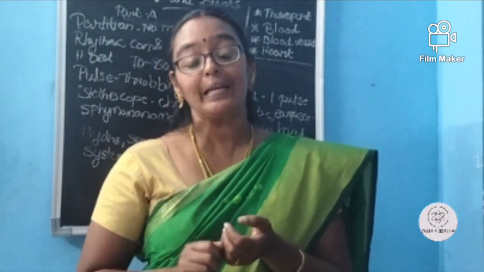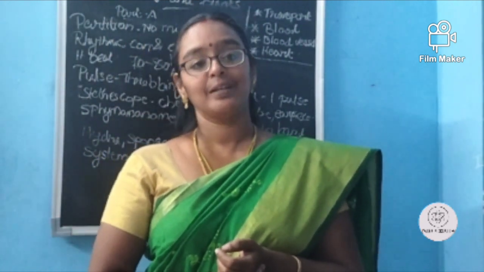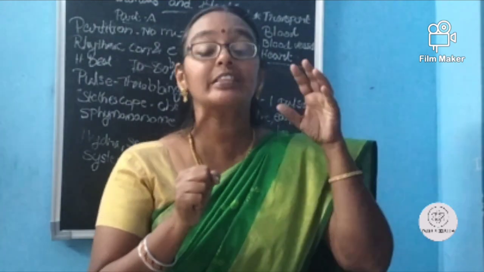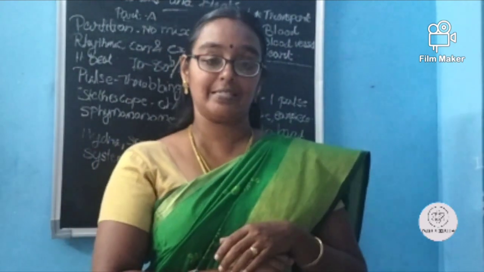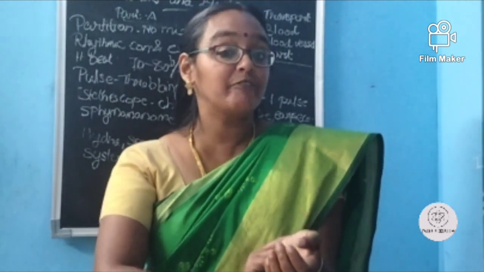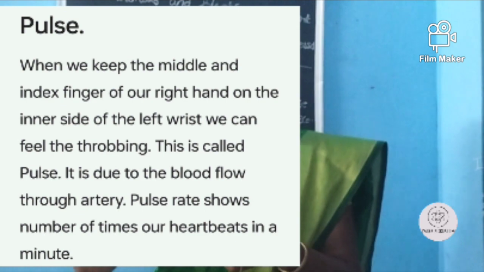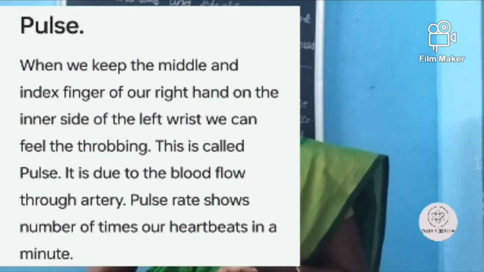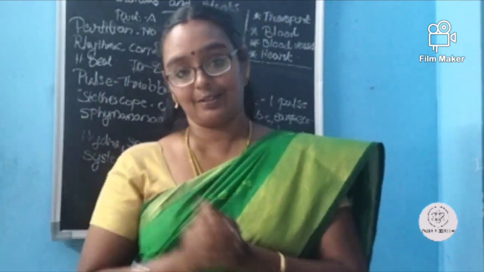It is called what? It is called the pulse. Why is the throbbing happening? Because the heart is beating, which means with pressure it is sending the blood through arteries. When we keep our fingers on the left wrist, we can feel that throbbing. It is called pulse. The heartbeat rate is equal to the pulse rate.